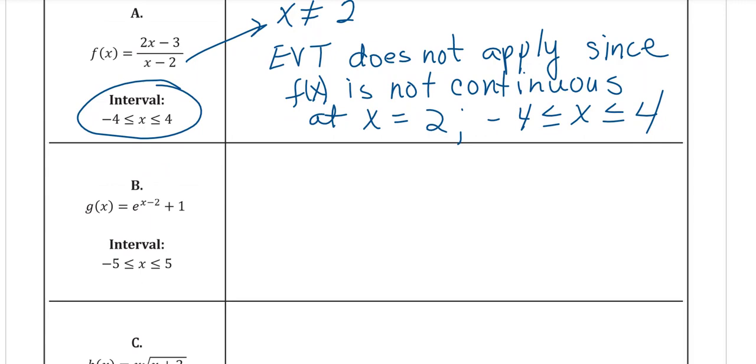Okay, letter B, g of x is e to the x minus 2, plus 1. So this is a continuous function. This is continuous on the interval. It's continuous everywhere.